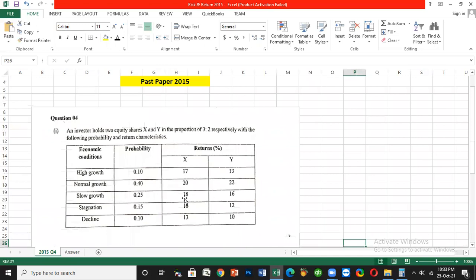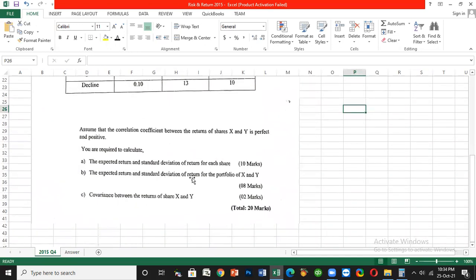Then they ask for the standard deviation of the portfolio.